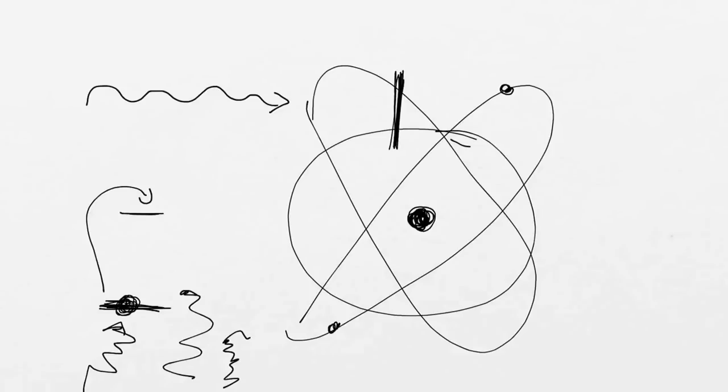Then it has to be exactly the right energy for the electron to move it up, otherwise it wouldn't move. This is how matter, how atoms actually interact with electromagnetic wavelengths. Now I want to give you another little experiment.